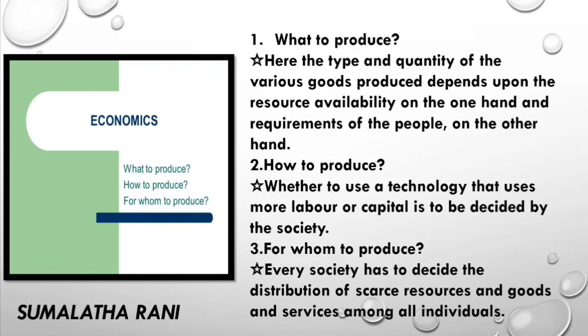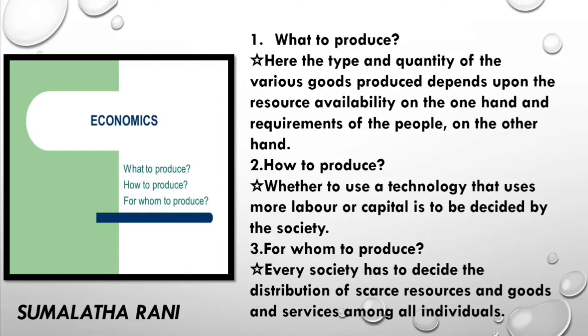The type and quantity of various goods produced depends upon the resource availability on the one hand and the requirements of the people on the other hand. So children, what to produce has to be decided by the individual or the society, keeping in mind the resource availability and the requirements of the people.